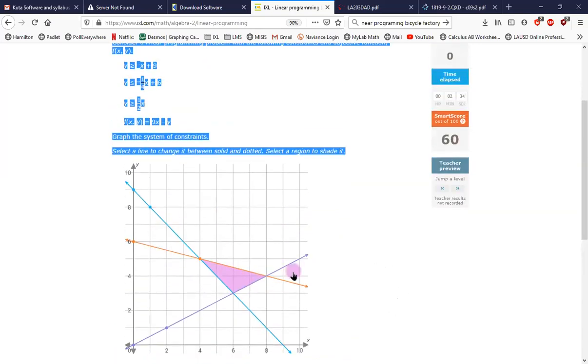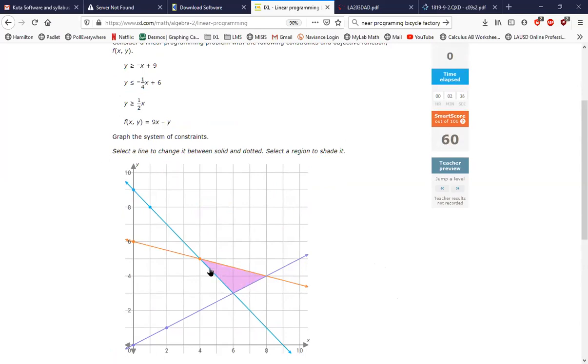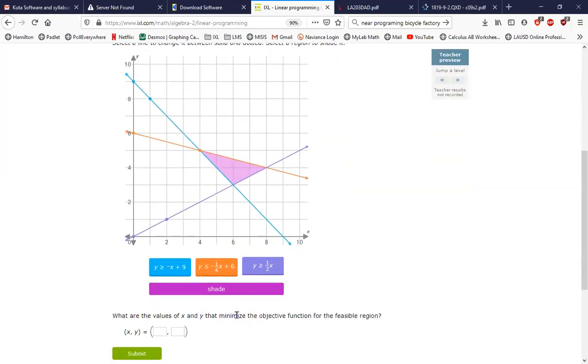So what you would do now is write down our points. My vertices are 4, 5, 6, 3, and 8, 4. And you would plug them into this equation here and find out which of these 3 points would give me my lowest answer. Why did I say lowest? Because the question at the end was, what was my minimum value?